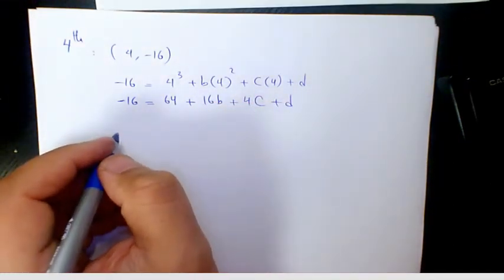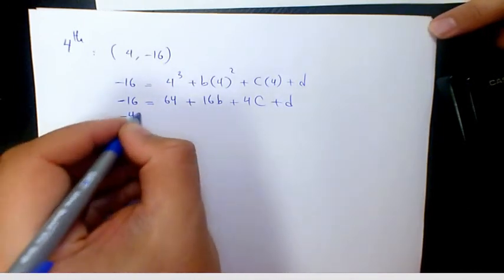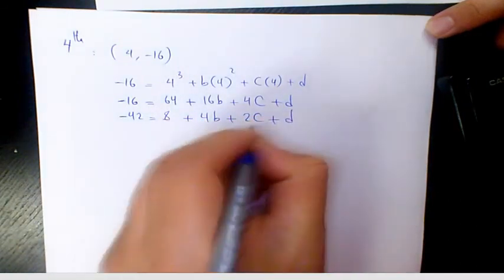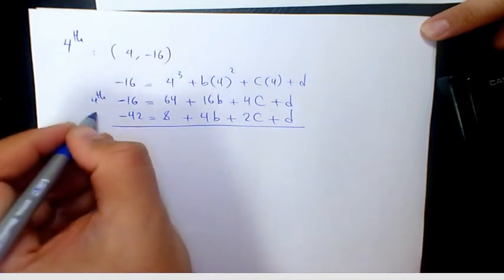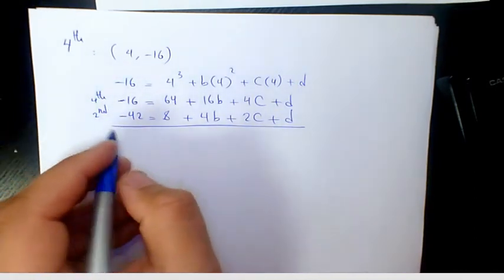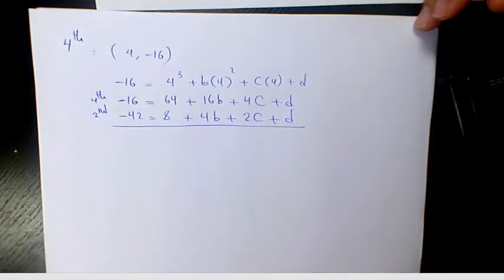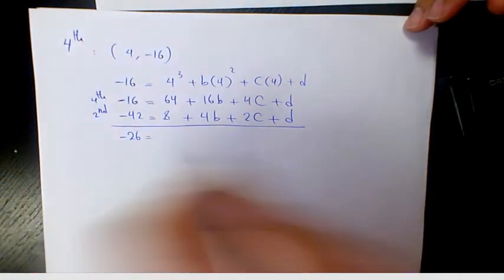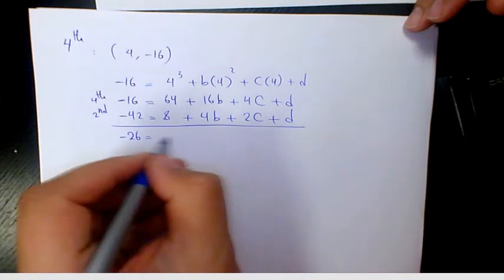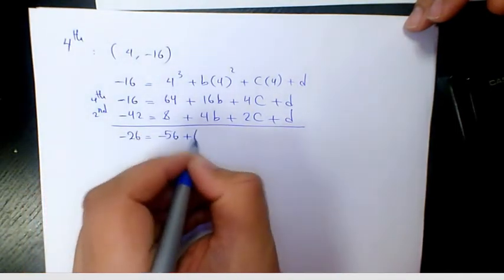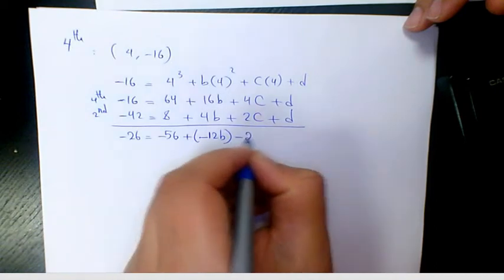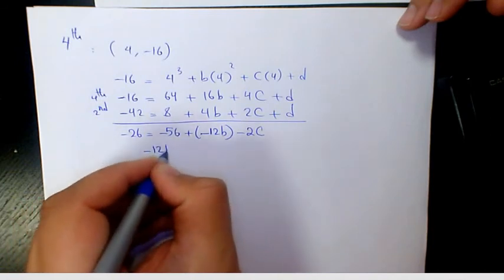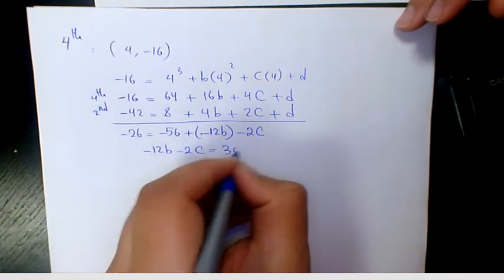When you subtract the second point from it, negative 42 plus 16 is negative 26. 8 minus 64 is going to be negative 56, minus 12b minus 2c, and this one is going to be 0. So move it to the other side. It's going to be negative 12b minus 2c equals 30.